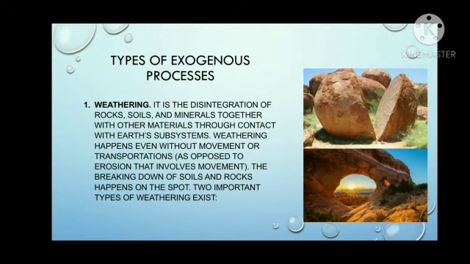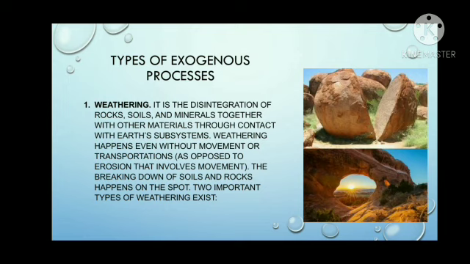There are types of exogenous processes. The first one we have is weathering. It is the disintegration of rocks, soils and minerals together with other materials through contact with Earth subsystems.